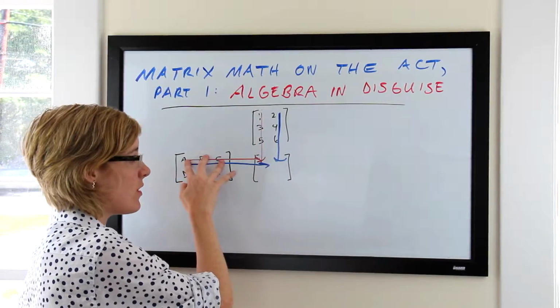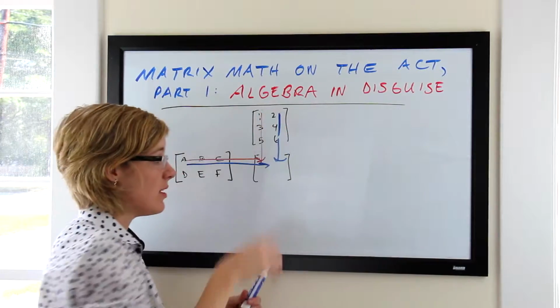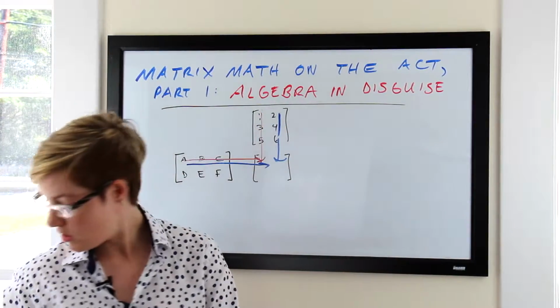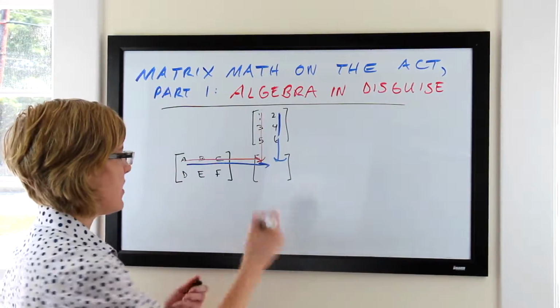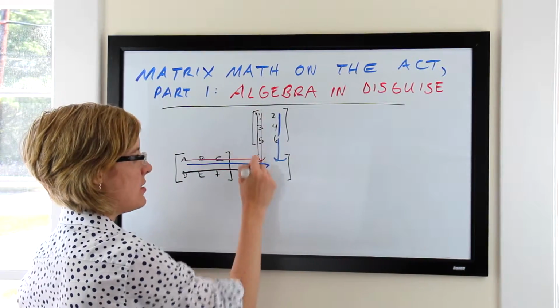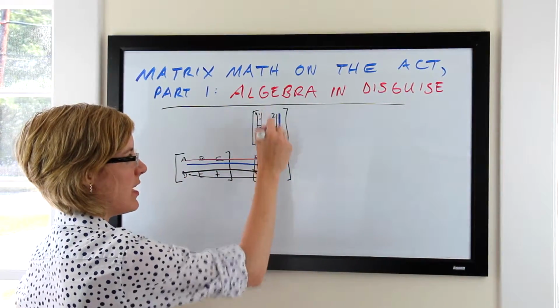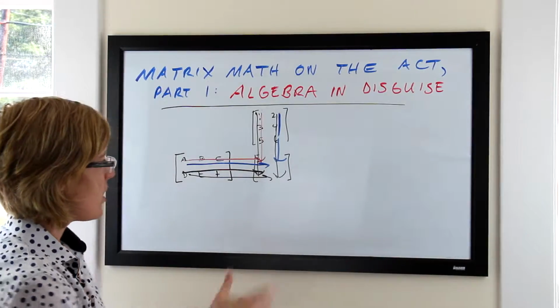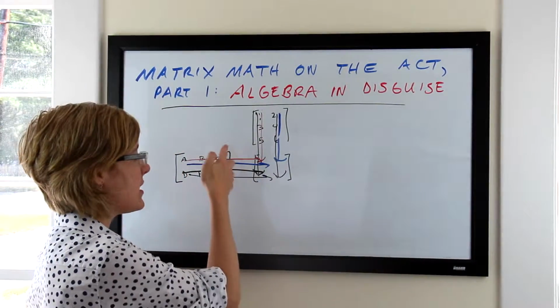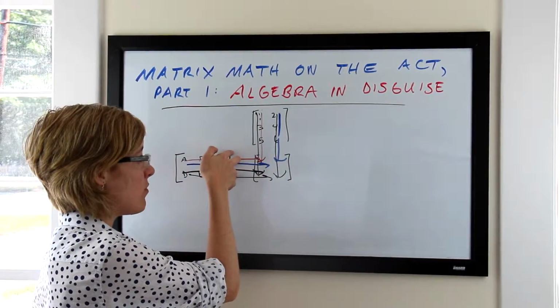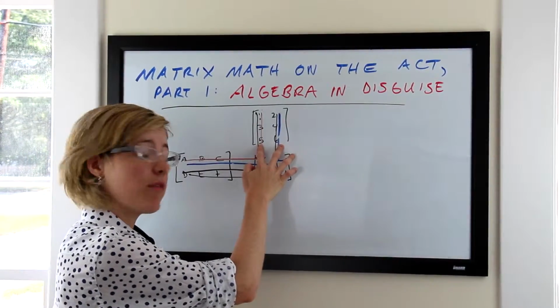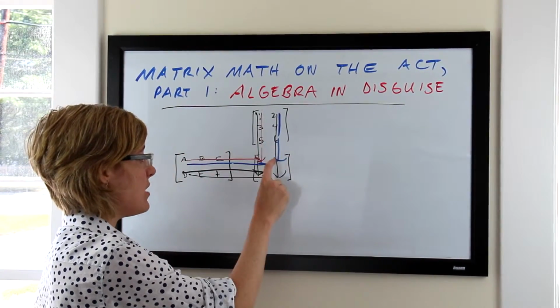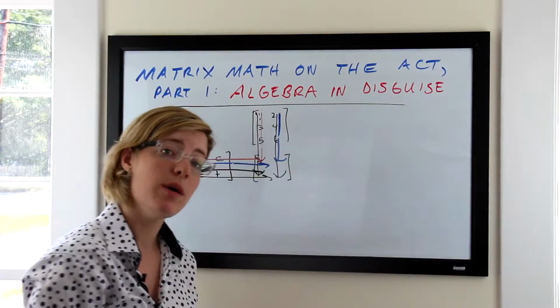So this over times the down. And then again, we take this one times down and this one times down. Essentially, what you're doing is you're putting this number of rows times this number of columns. And that way you get a 2 by a 2 matrix.